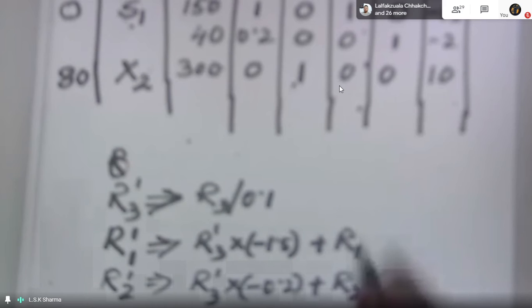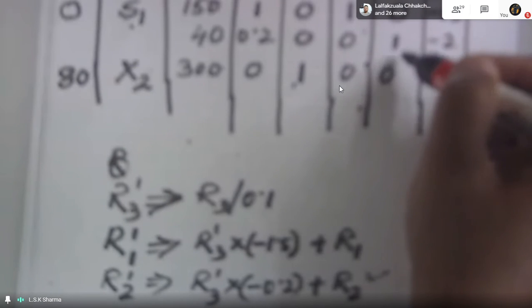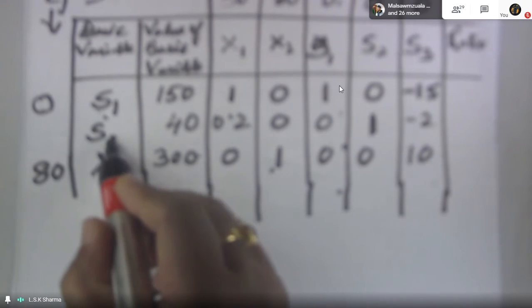Okay. Now, once we have done this, the slack variable S2 remains as 1. So there is no change on the slack variable. It will remain as it is, S2, and the value of S2 is 0.